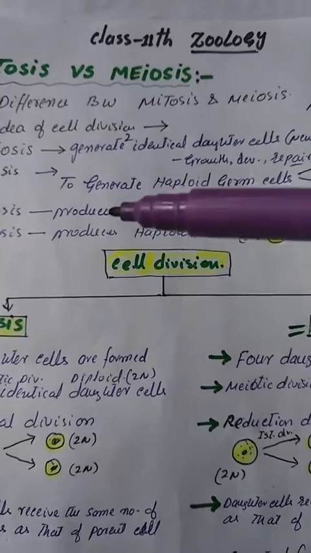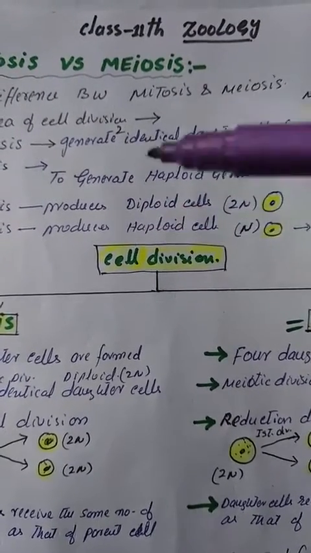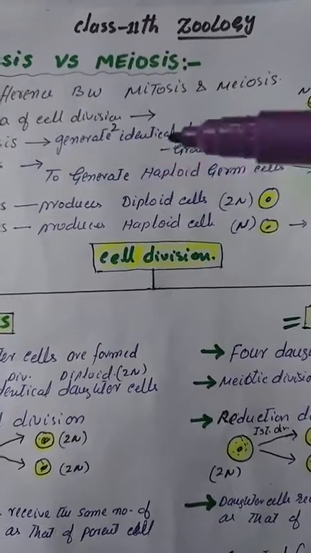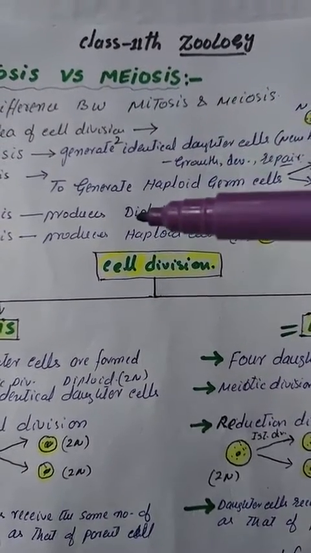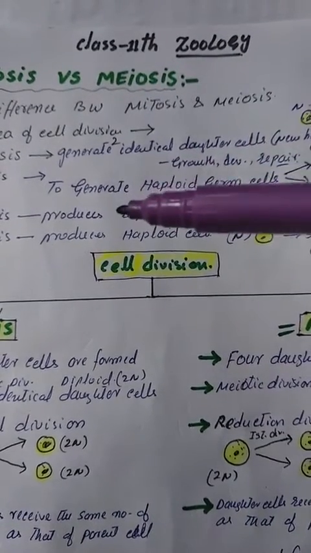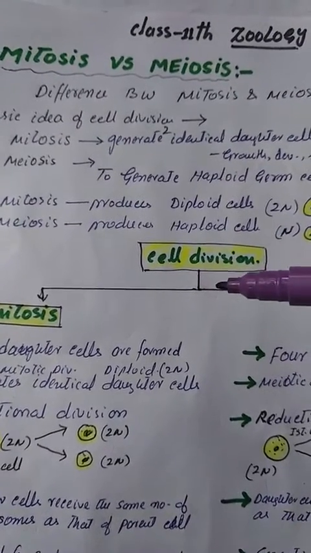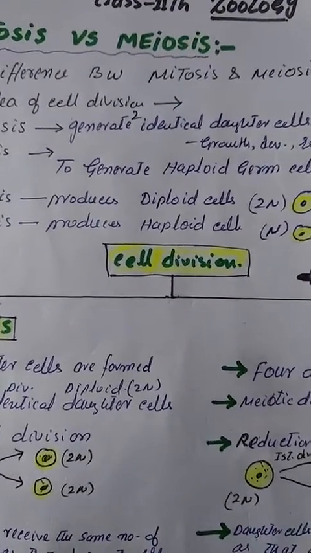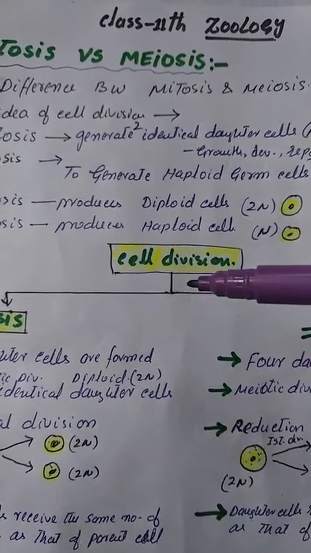An organism needs mitosis for growth, development and repair of body cells and tissues, and the organism also needs to reproduce. For reproduction meiosis is very important because it is only through meiosis that haploid gametes are produced.